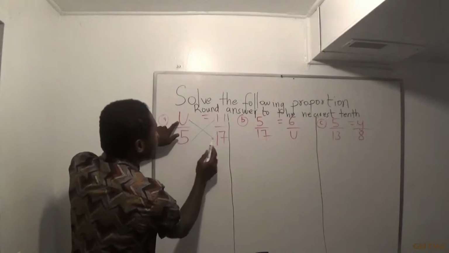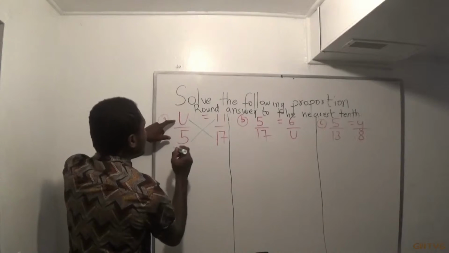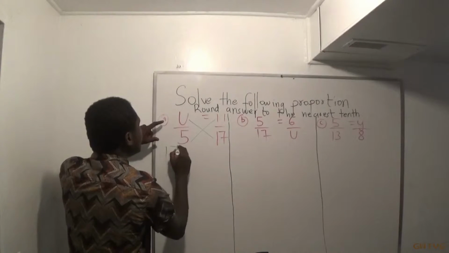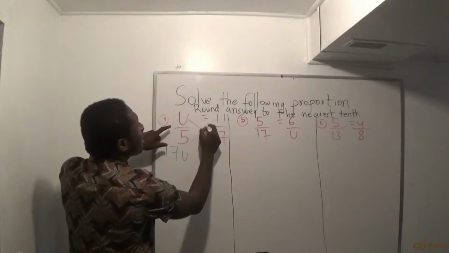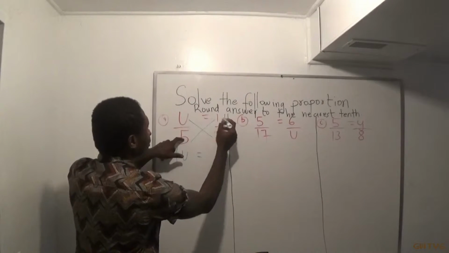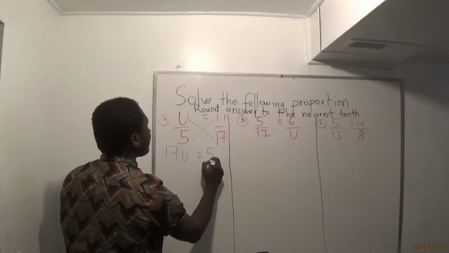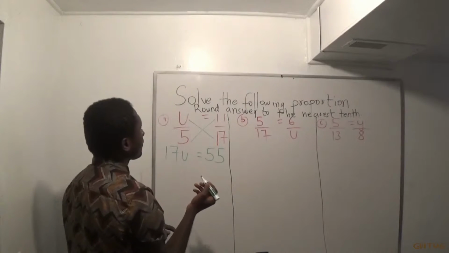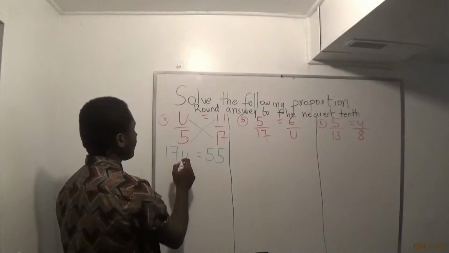So I'm doing u times 17, which is 17u. I bring down the equal sign, and I'm doing 5 times 11, which is 55. And then I'm just going to solve for the u.